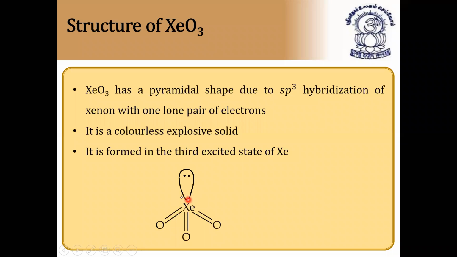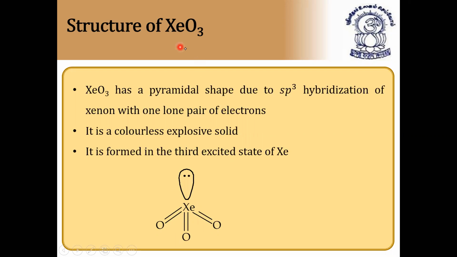Continuation. So xenon has three double bonds, with p pi d pi bonds. So it has three sigma bonds and three pi bonds, because three double bonds are there.